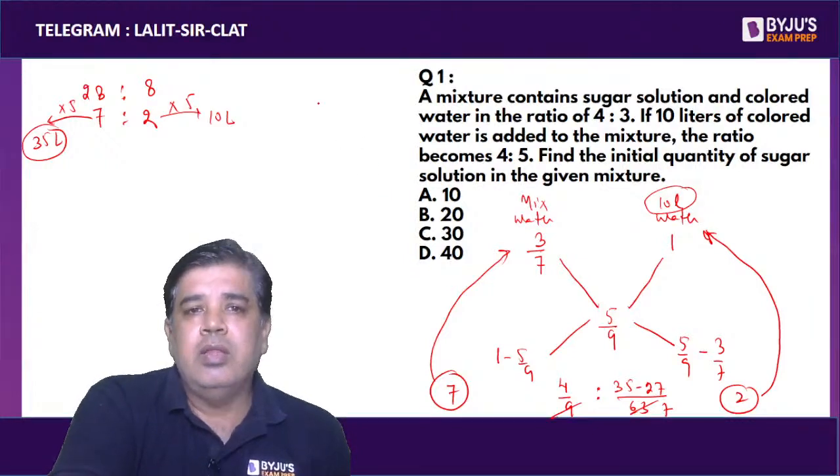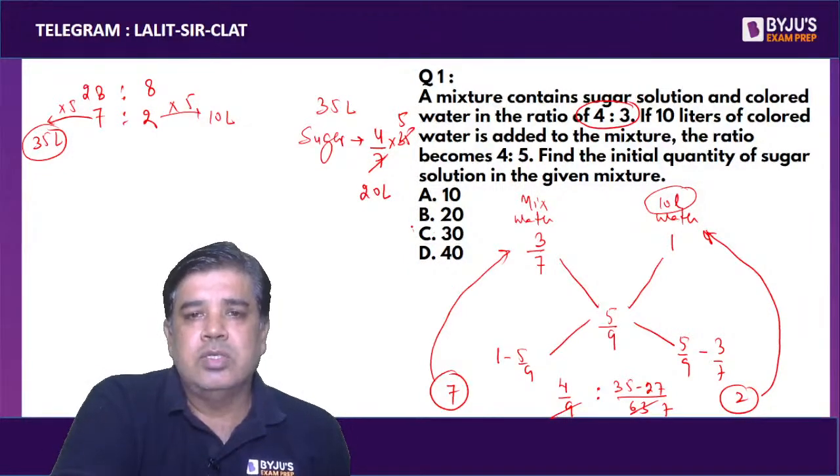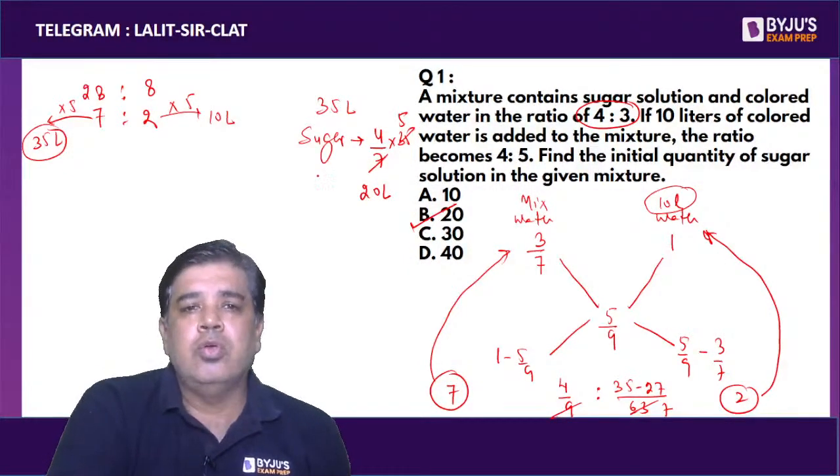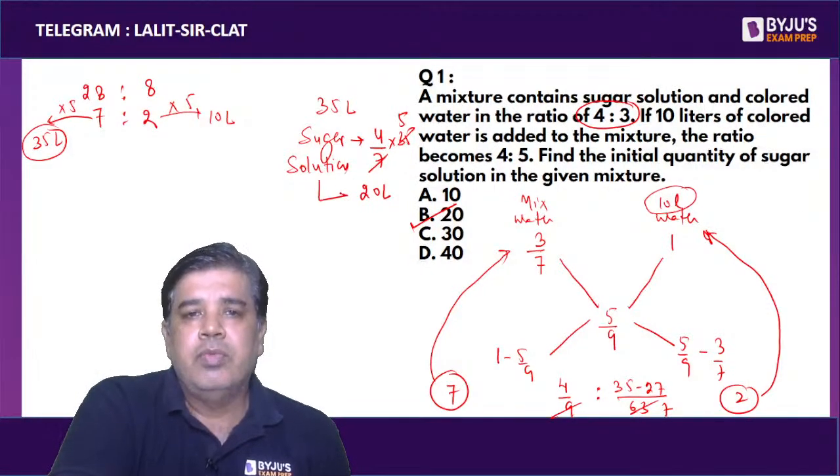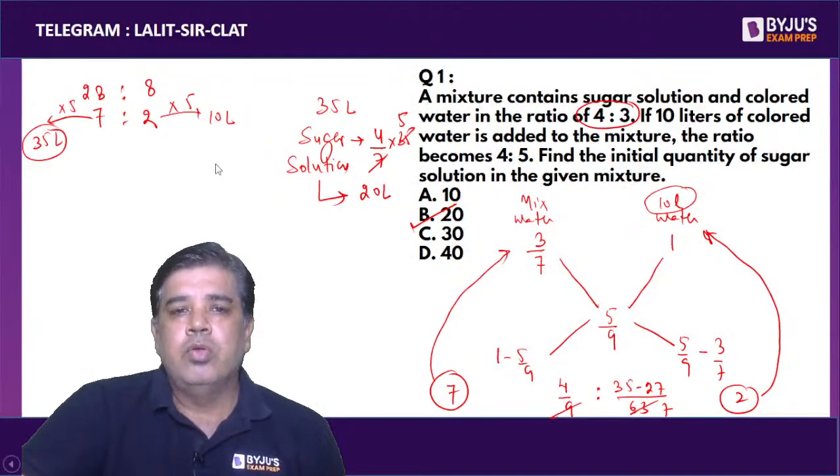In this 35 liters, the content was in the ratio 4:7. So sugar solution was 4 by 7 of 35, which means 20 liters. So initially the sugar solution was 20 liters. A good question.